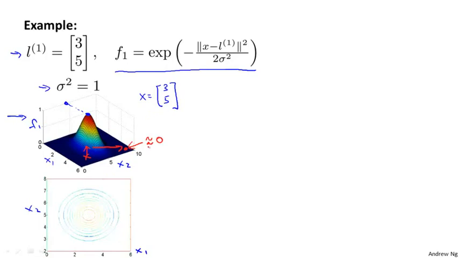So f1 measures how close x is to the first landmark, and it varies between 0 and 1 depending on how close x is to L1.